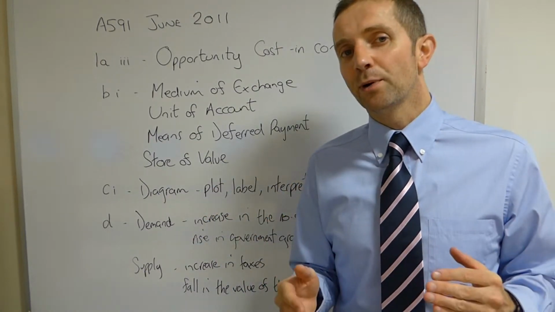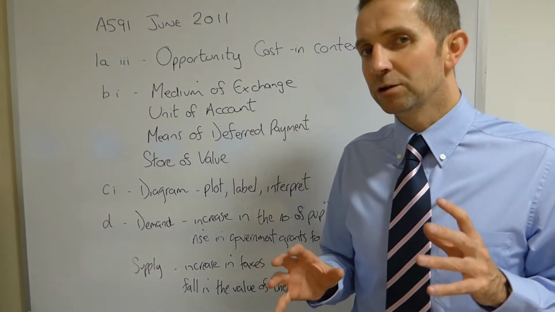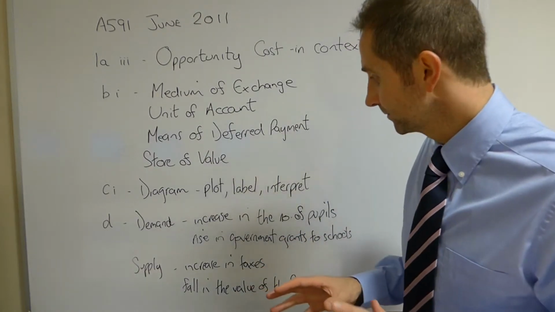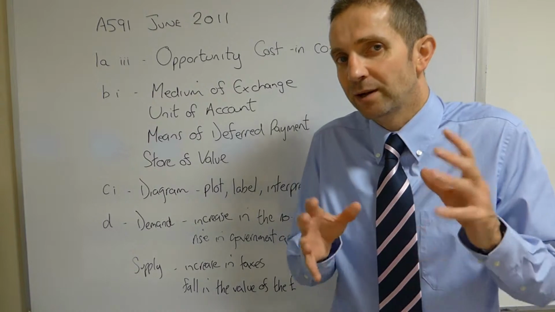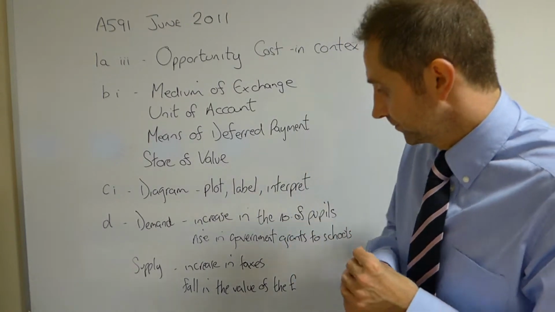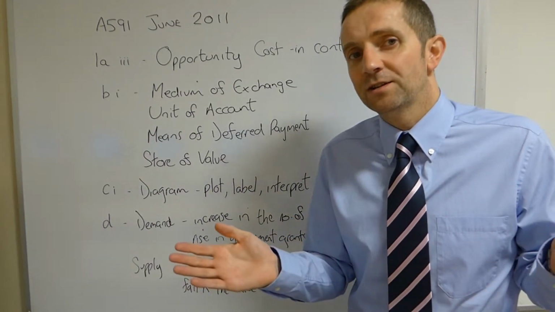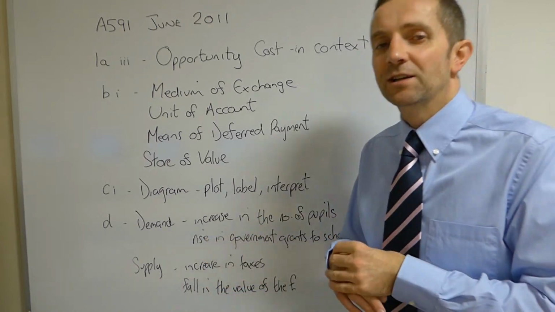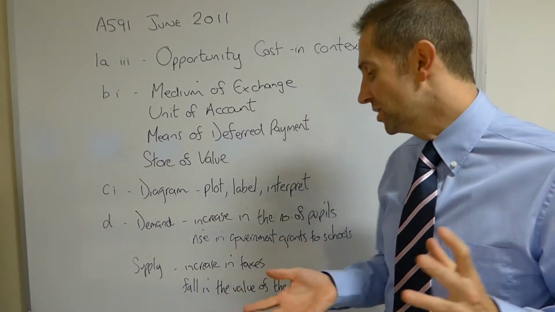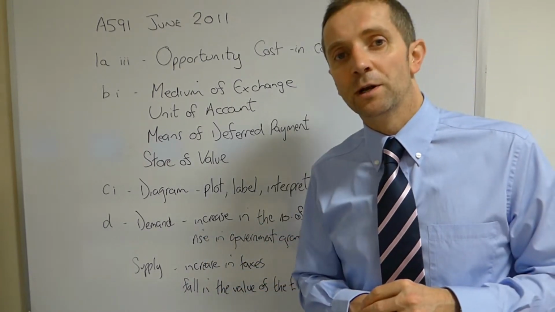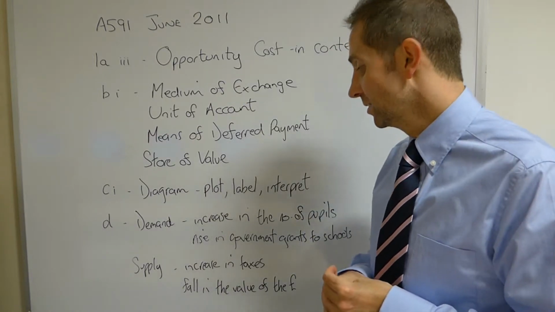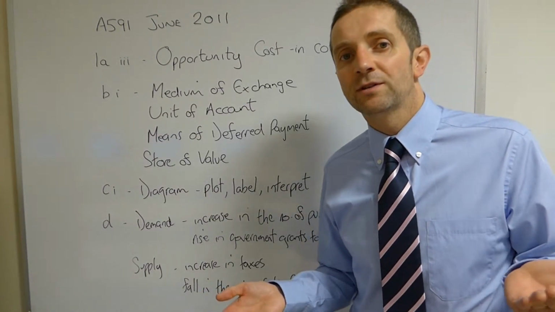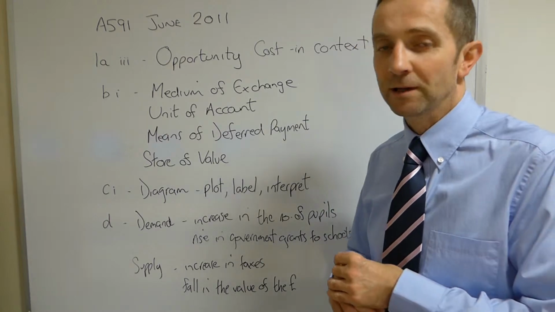I think the key problem in this one was the evaluation section at the end of it. You could have said something along the lines of, from the case study, there's no evidence to suggest that taxes are going up on desks, and we've no evidence to support the fact that the value of sterling is falling.